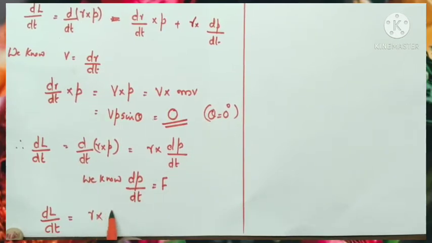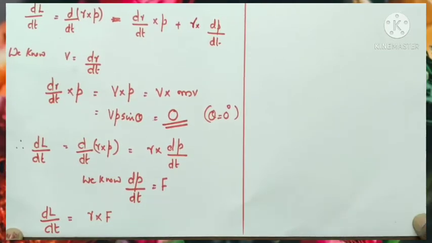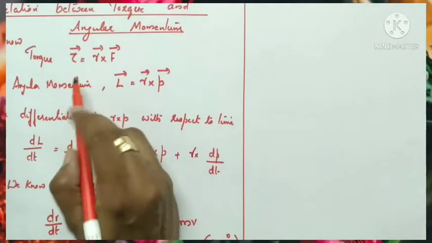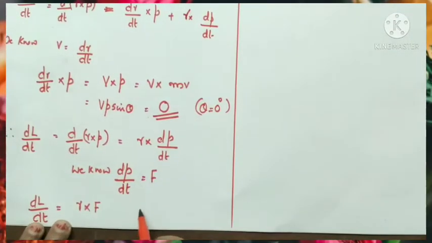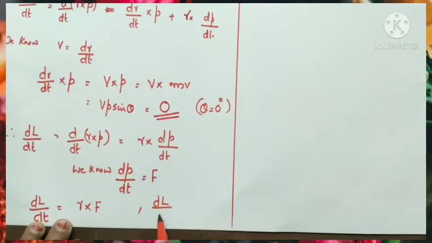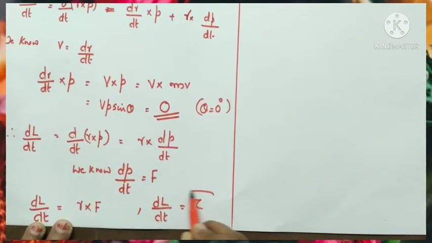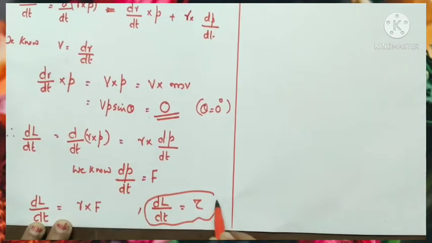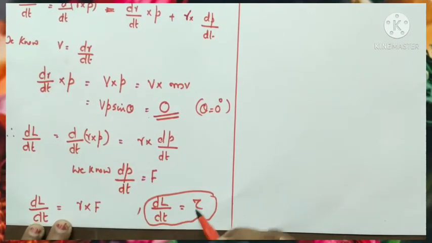Therefore it can be written as r cross F. And what is this r cross F? We know r cross F is equal to torque. Clear? Now we can write the relation dL/dt is equal to r cross F, which is torque τ. So the relation between torque and angular momentum is τ equal to dL/dt.